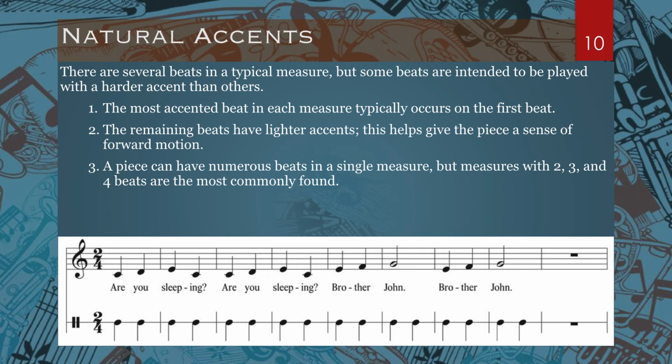So in this example below, the first note of each measure should have the hardest accent, and it shouldn't be a really strong accent, but it should be a very subtle sinking in of the note to indicate that this is the first beat of the measure and this is how this piece is progressing in terms of its pulse and accent. The remaining beats have lighter accents, so this helps give the piece a sense of forward motion.